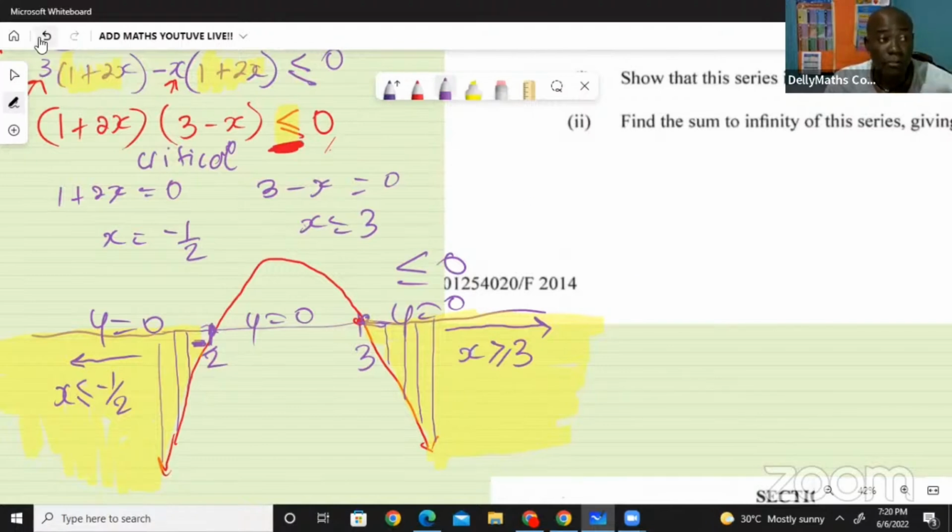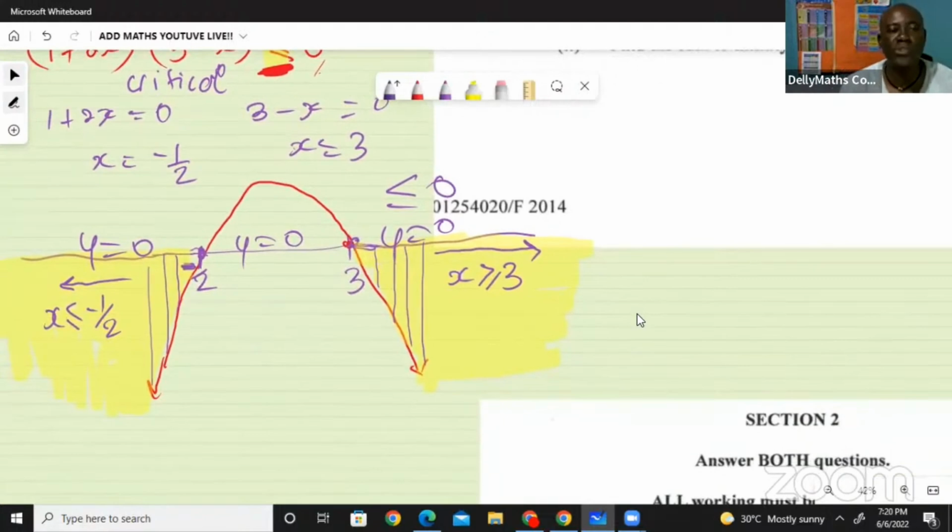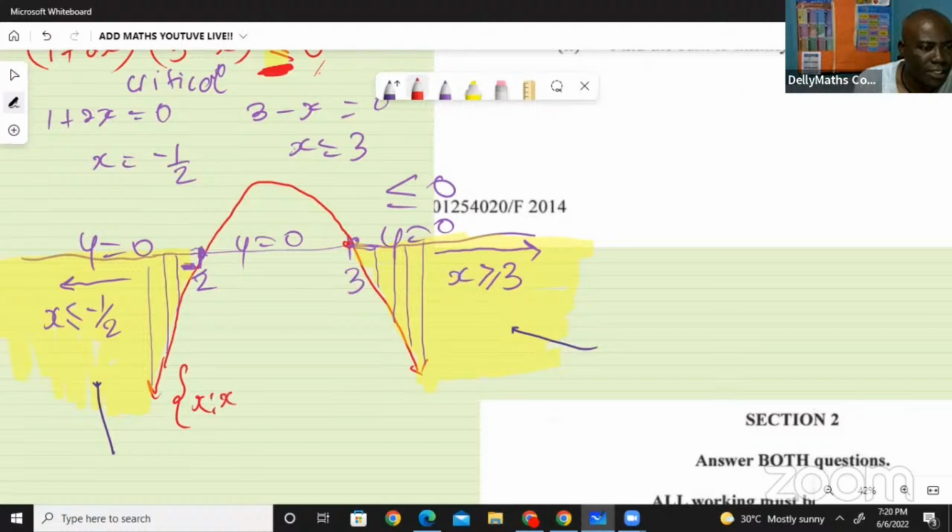In themselves, the 2 responses are good, but we want to combine them by using a union because we want to unite all the values here along with all the values there to give the answer to the question. And what do I mean? Basically, we're writing it in set notation. So we're saying that x is such that x is greater than or equal to 3.